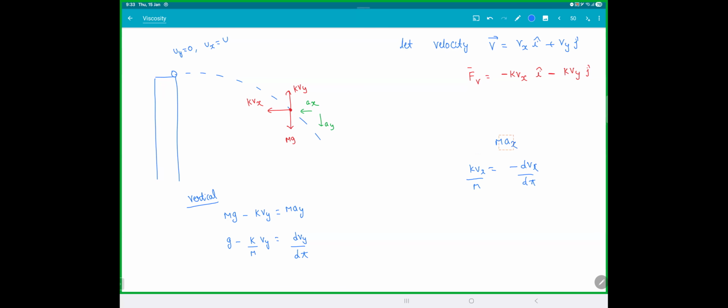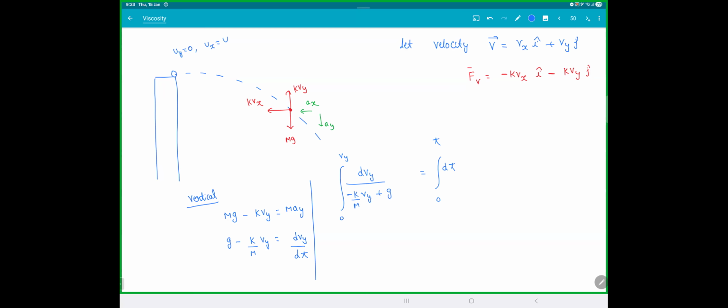Let's see the integration. You must have got used to this integration by now. It keeps coming a lot. Minus k by m vy plus g is equal to dt. Integrate this from 0 to vy, because initially uy is 0, and 0 to t.